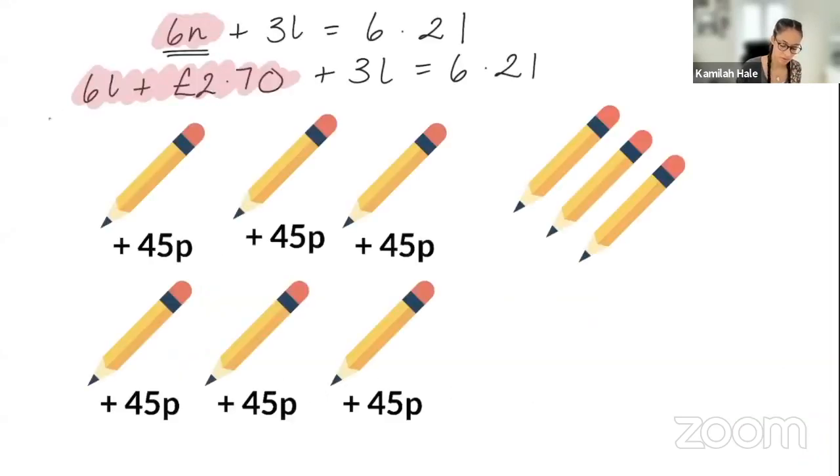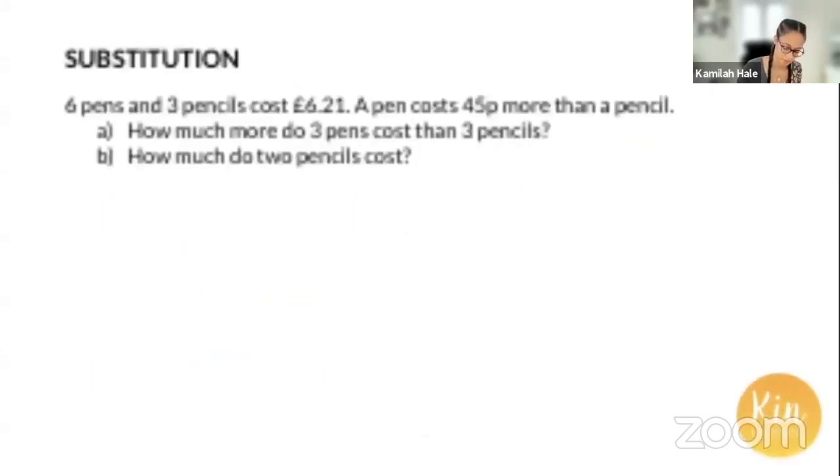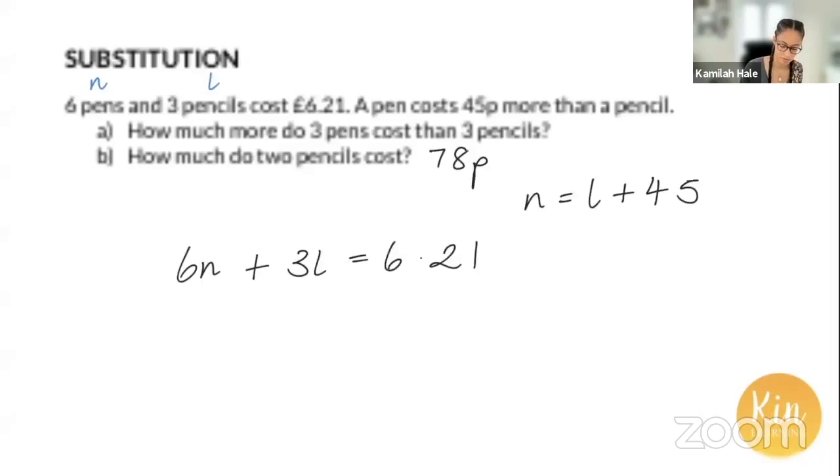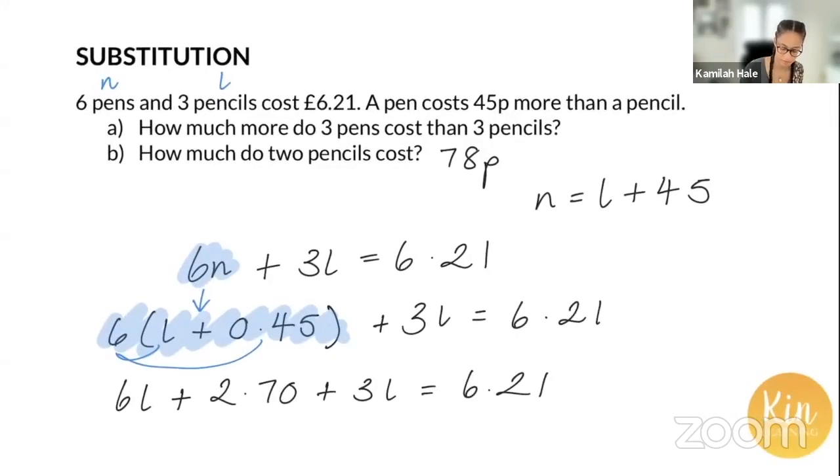So all of this equals £6.21. We take off the money. Take off the £2.70. We get 9L equals £3.51. And then I think you can solve it from there.